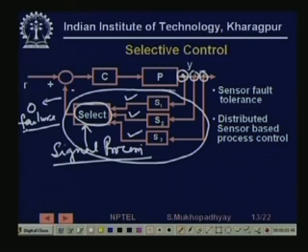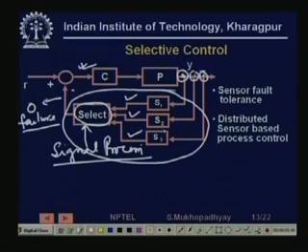Then what will happen? The controller will have no way of knowing it, and it will simply see an error, and therefore it will try to drive the process unnecessarily, but that driving will not improve this value because it is due to a failure, it is not sensing anymore. So in such cases industrial accidents may result, equipment may get damaged.